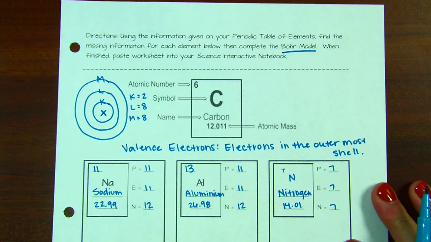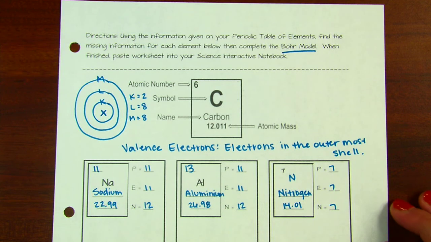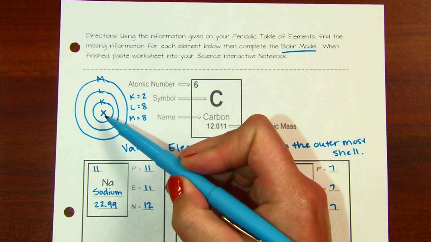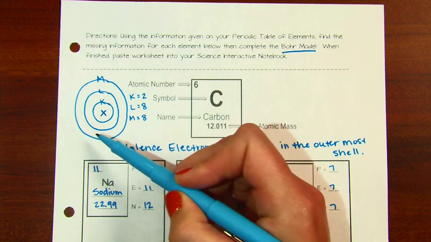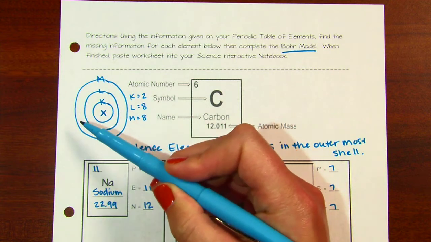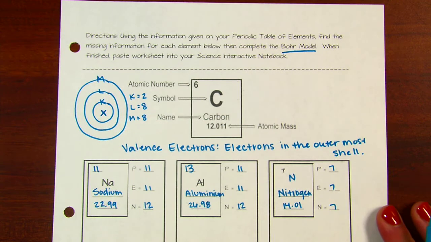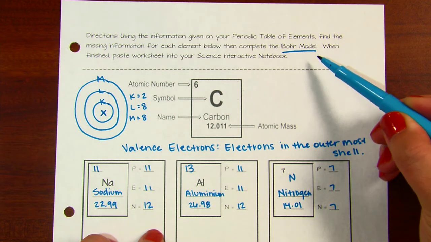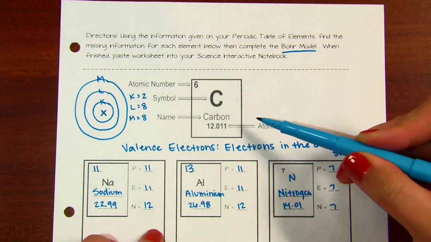It's much like the solar system model that we talked about last week with atoms. So you have the central part of the atom where the nucleus is, and then we have the electrons in these shells or these orbitals that are moving around the nucleus. So let's go ahead and get started and learn how we're going to draw these Bohr models for each one of our different elements. We're going to start with carbon.